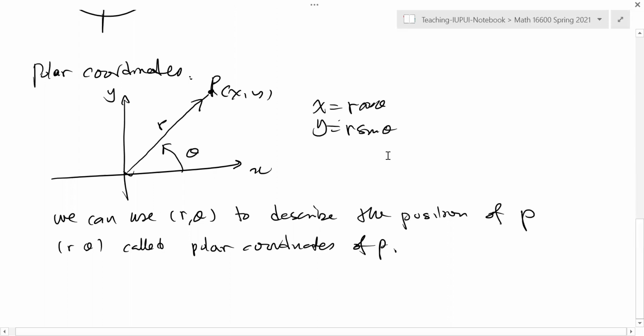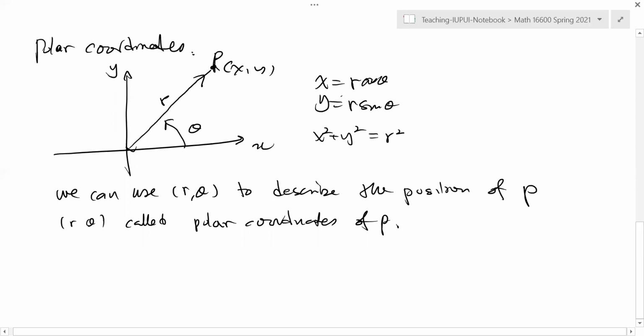And because of that, you can also get the equation x squared plus y squared equals r squared. That's how you determine r. You can determine each other. Given r and theta, you can get x, y, and given x and y, you can get r and theta.